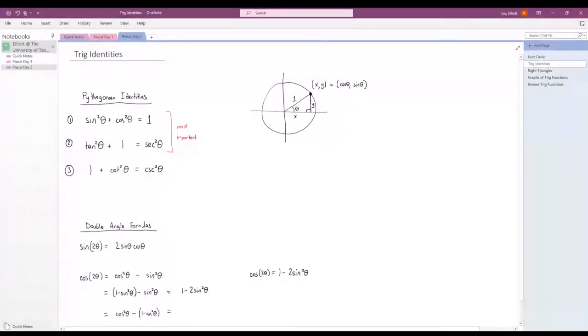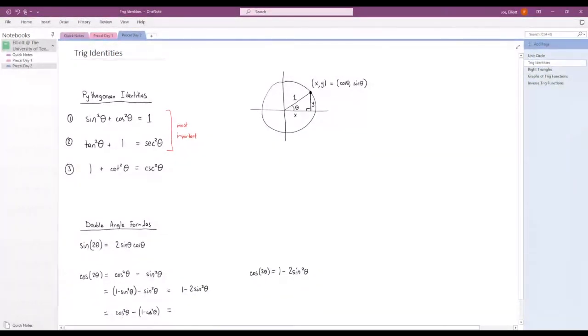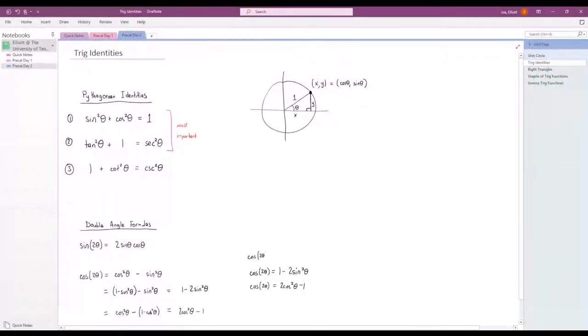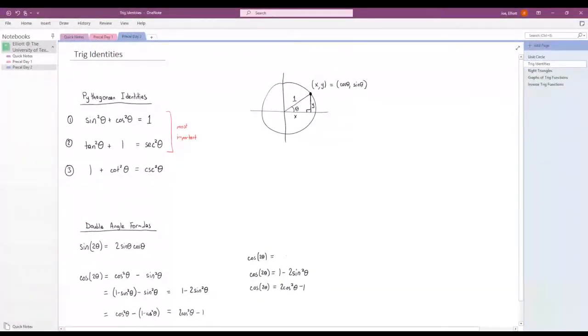If you do that, distributing the minus, the cosine squared terms would add together, so you would get 2 cosine squared theta. And then you still have a minus 1. So that gives you another formula for cosine of 2 theta. All in all, we have 3 different formulas for cosine of 2 theta. All of them are valid.